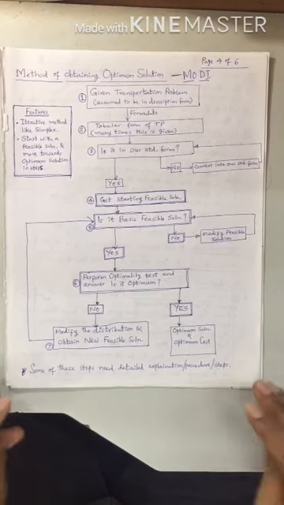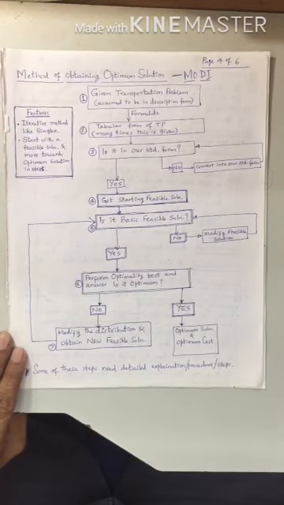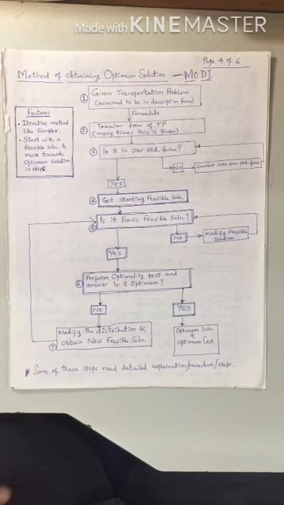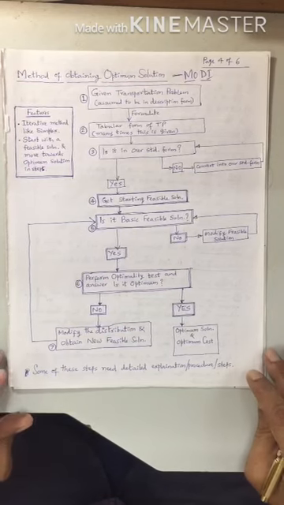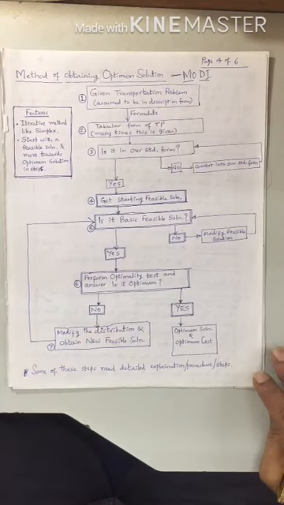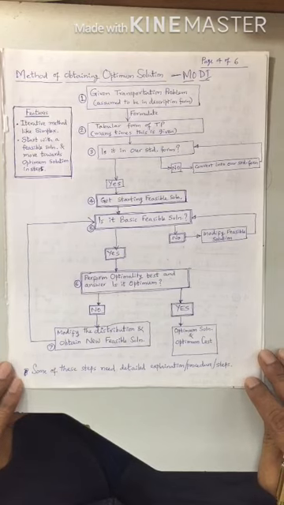The features of this method are: it is basically an iterative method just like simplex. It starts with a feasible solution. Then an optimality test is carried out on this solution.